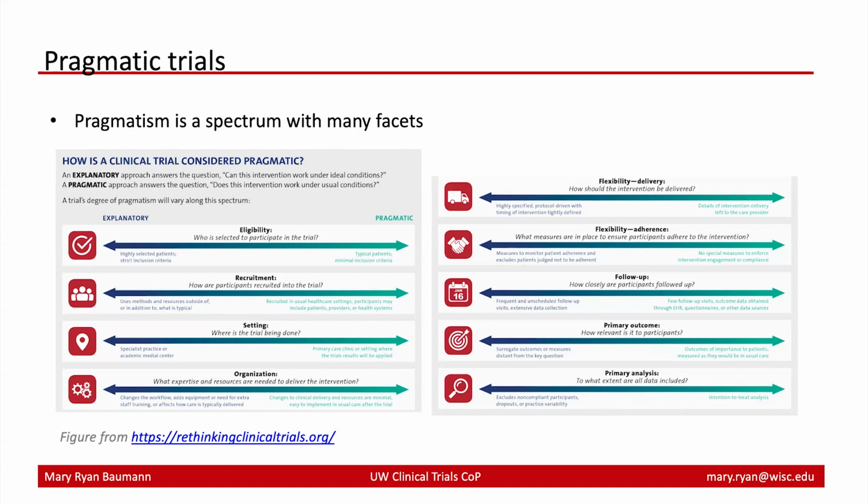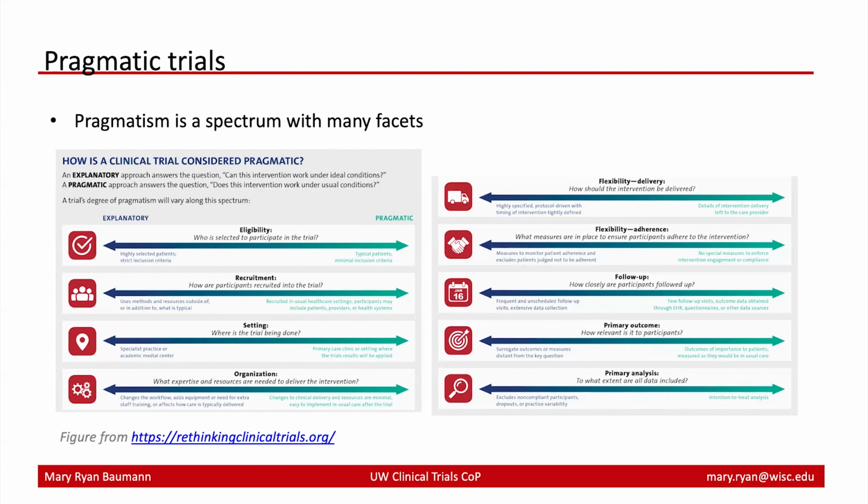And we also have pragmatism in terms of measurement. How closely are those participants followed up? Do we have a lot of extraneous visits and measurements that are happening to follow up their measurement like we would in an explanatory trial? Or are we using more commonly gathered information like EHR data or administrative data to be able to track people after that usual care interaction?